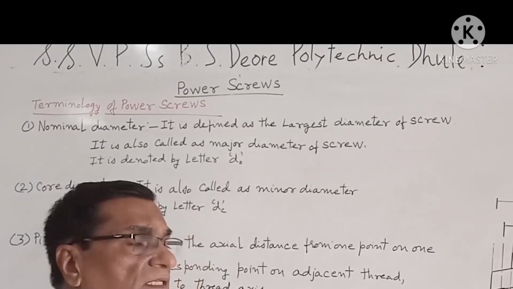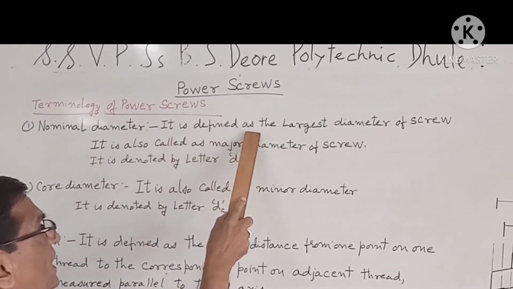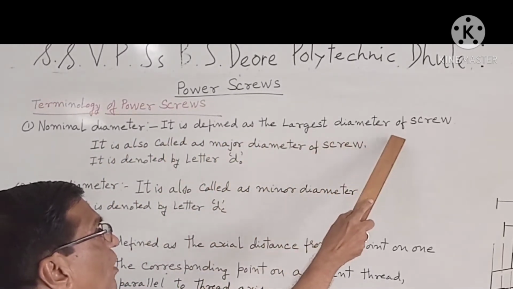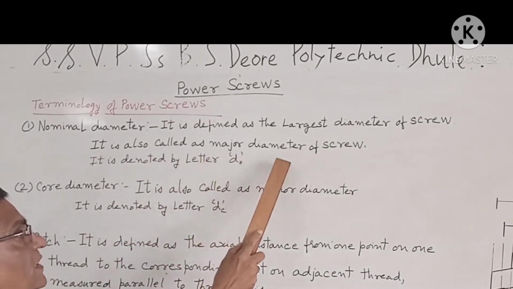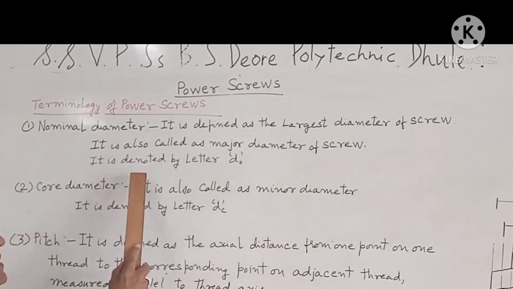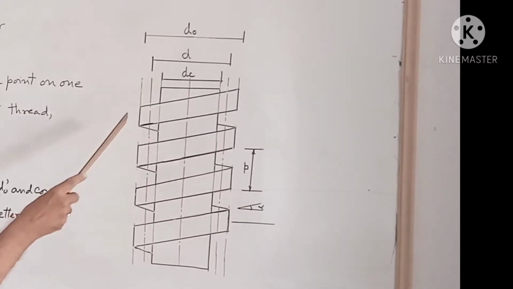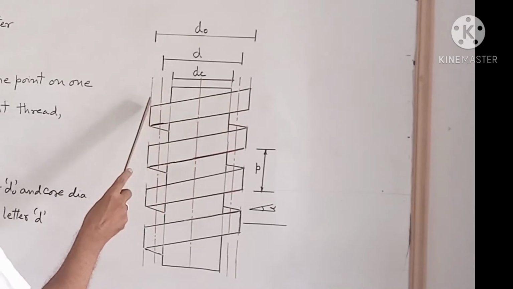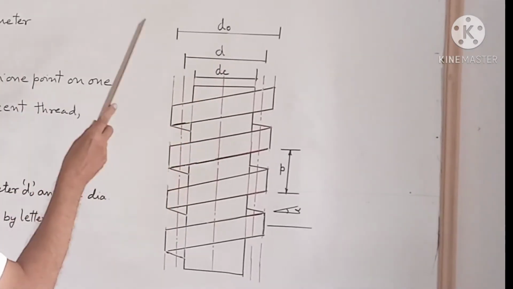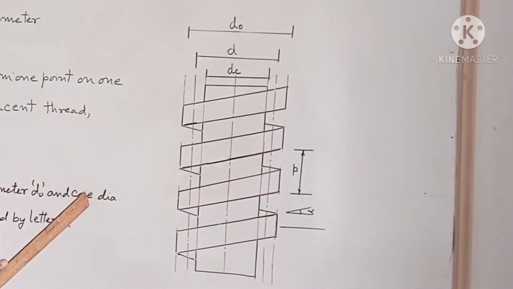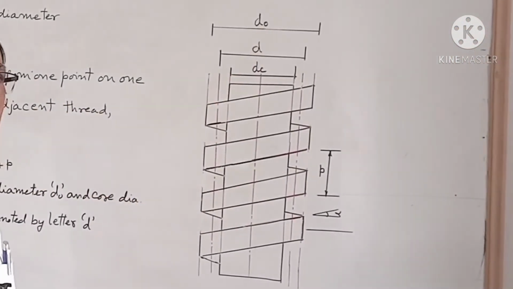Let us see the definition. Nominal diameter is defined as the largest diameter of the screw. It is also called the major diameter of the screw. It is denoted by letter Do. So this is the outermost or maximum diameter of the screw, known as the major diameter or nominal diameter or outside diameter, denoted by letter Do.